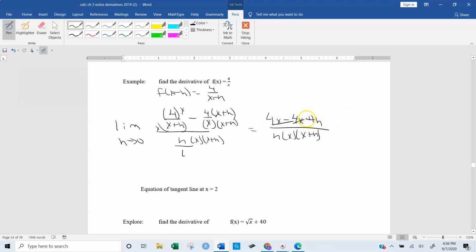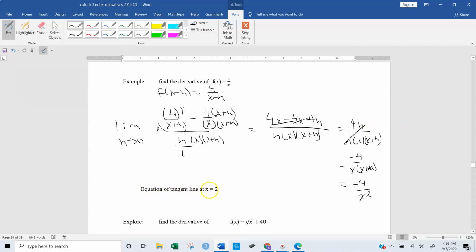So now I've got minus 4h all over h times x plus h. These h's cancel. I have negative 4 over x times x plus h. Well, as h approaches 0, this becomes x. So my final answer is negative 4 over x squared, your first derivative.